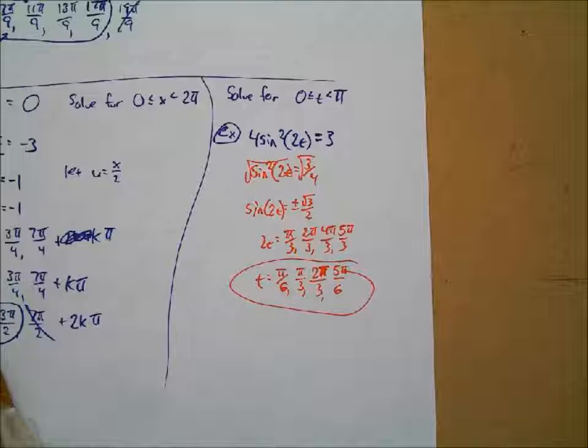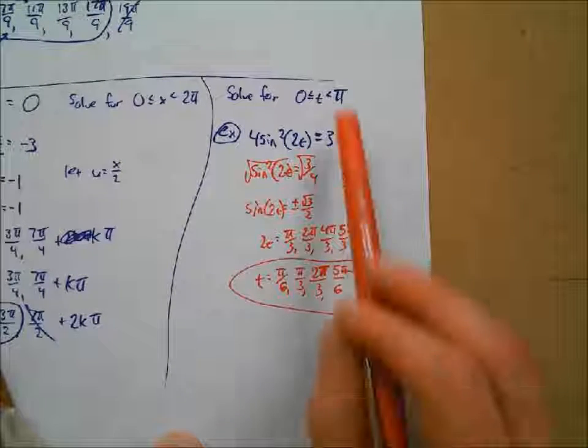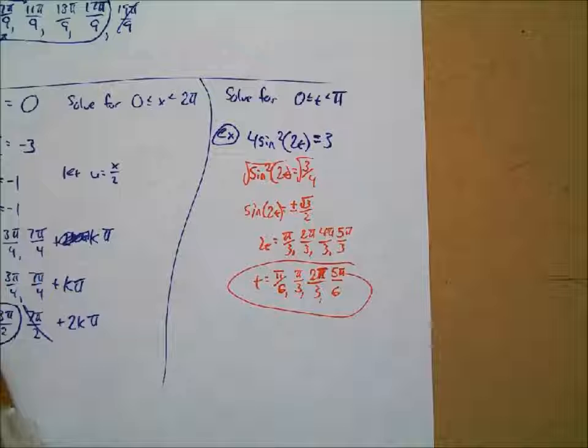Does that make some sense, hopefully? Because I saw several people make that error, and I just wanted to address that here. So, again, hold off on eliminating till the very end, for the 0 less than or equal to t less than pi in this case. All right? We're good? All right.